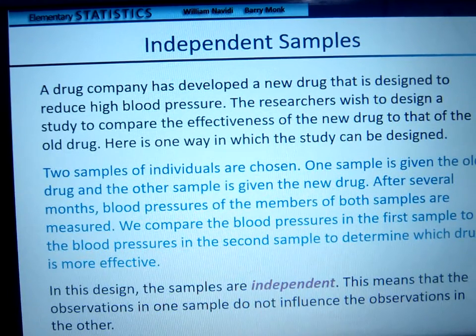One sample is given the old drug and the other sample is given the new drug. After several months, blood pressures of the members of both samples are measured. We compare the blood pressures in the first sample to the blood pressures in the second sample to determine which drug is more effective. In this design, the samples are independent because one does not influence the other.